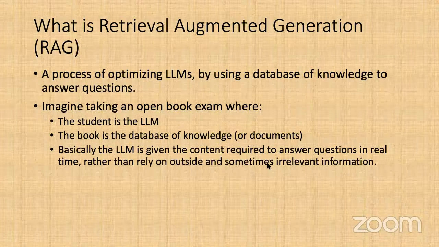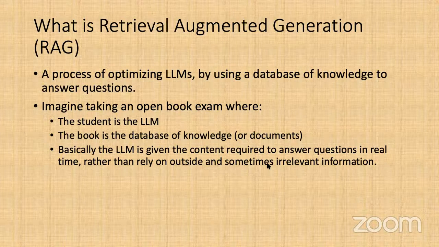Another quick example that might make a little more sense is say you are a student and you have to take an exam, right? With a basic model like ChatGPT, which isn't necessarily using RAG, the student in this case would be ChatGPT, the large language model. If you integrate RAG into the system, it's like you're the student taking an open book exam, where RAG allows you to search databases and documentation in real time.